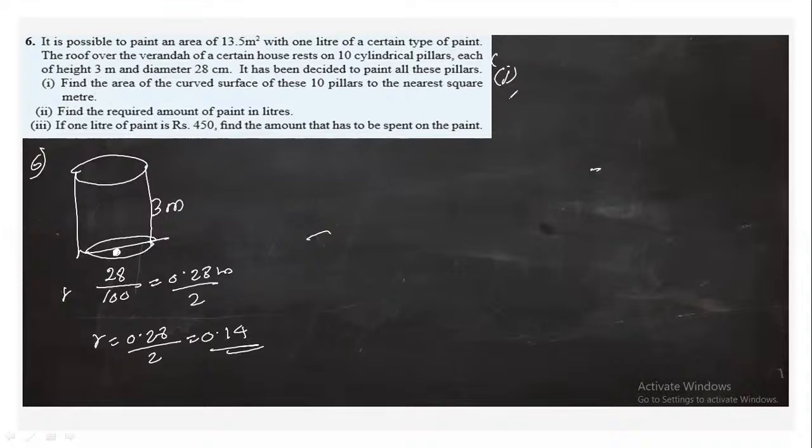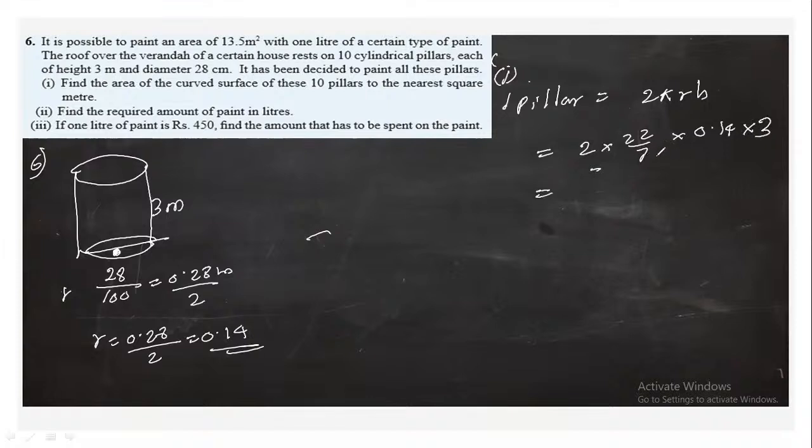One pillar. Only we have to take 2 pi r h, no? So we can write 2 into 22 over 7 into 0.14 into h is 3. That is true. Now cancel out.